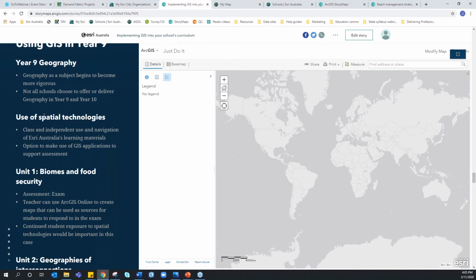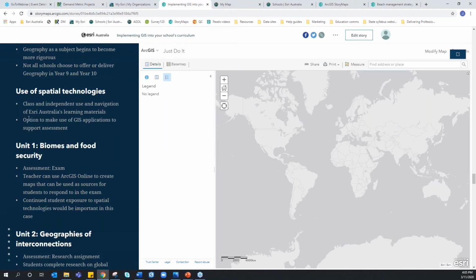Here are some ideas on how to use spatial technologies. Again, learning materials, but I think I've harped on about that a fair bit, and I'll show you where to find them at the end in case you aren't sure. But I want to point out this second bullet point.